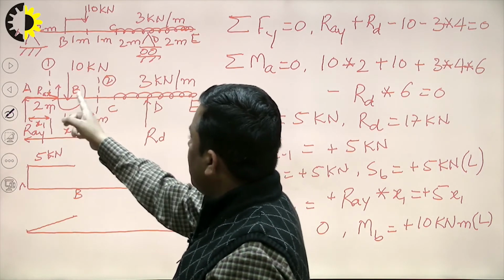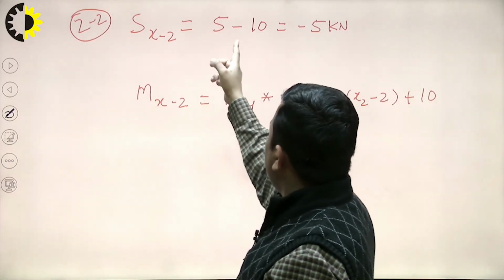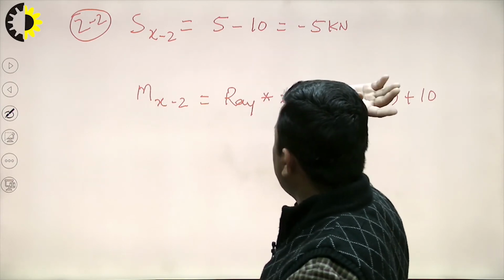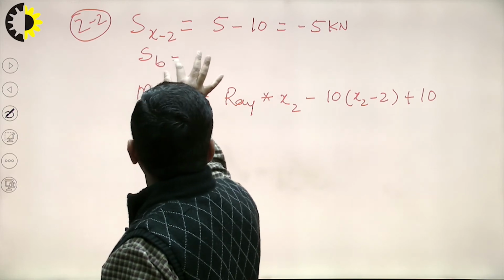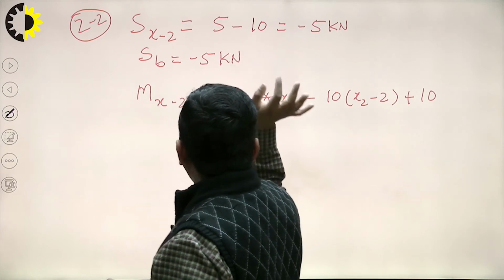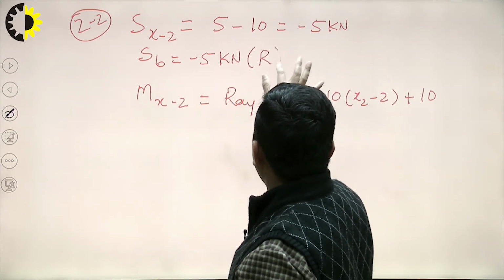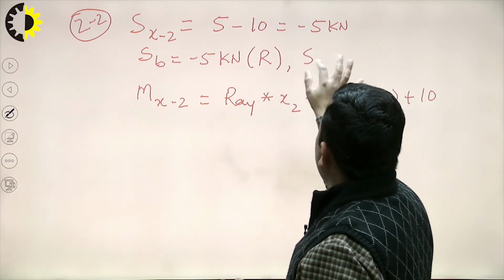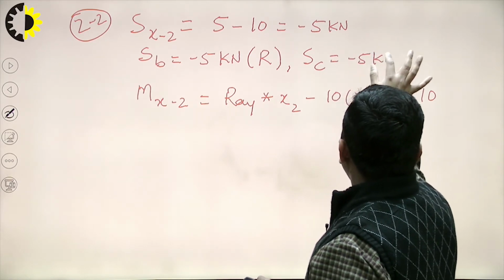For point B, I can take x2 as 2. When we observe the shear force equation, it is a constant horizontal line equation. So, at B it will be minus 5, and now the section plane is on the right side, so the value of shear force from this equation will be the value on the right side of point B. Similarly, I get SC equal to minus 5 kilonewton.